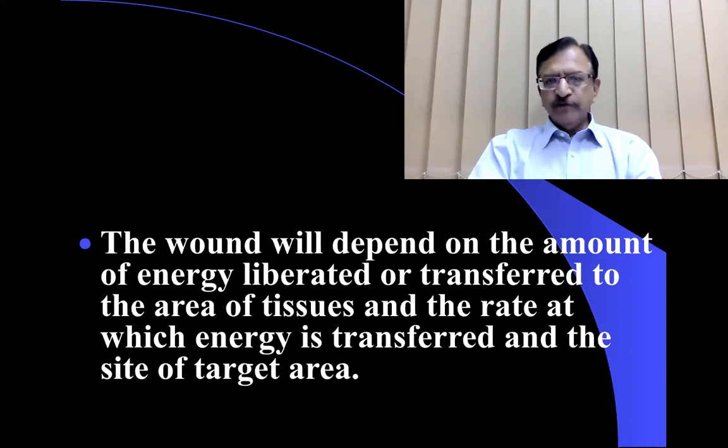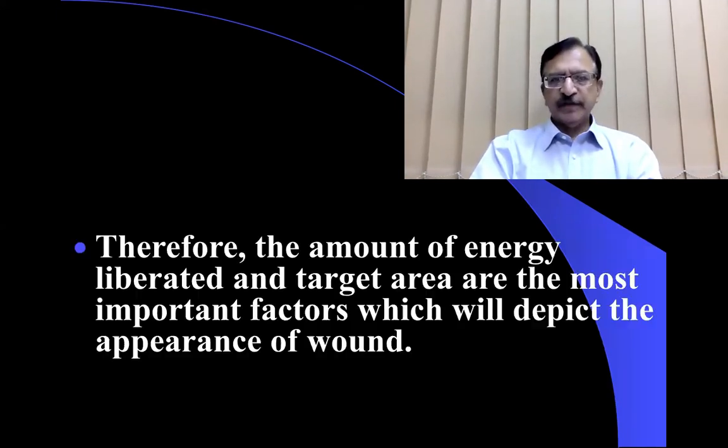Regarding the area factor, the wound will depend upon the amount of energy liberated or transferred to the area of the tissue, the rate at which the energy is transferred, and the site of the target area. So the site of the target area is important, and the amount of force liberated at a particular point is important.